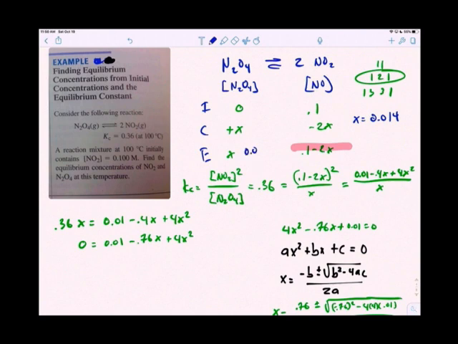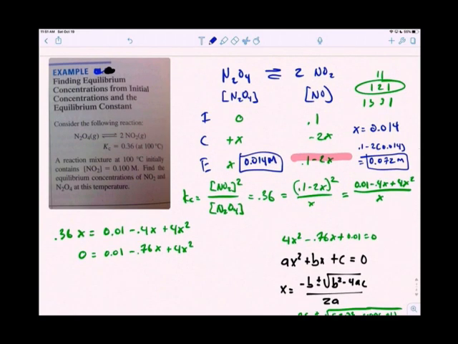So this is going to be 0.014 molar for N2O4, and then 0.1 minus 2x, so 0.1 minus 2 times 0.014, and then this is going to be equal to 0.072 molar. And there you have it. And that is your answer. If you want, you can do the check.